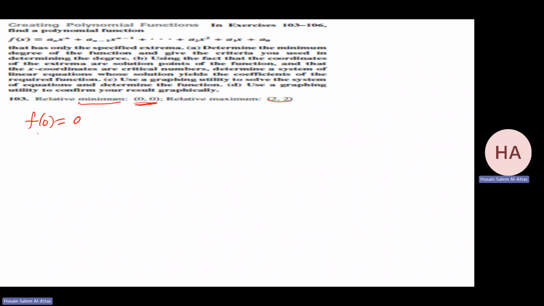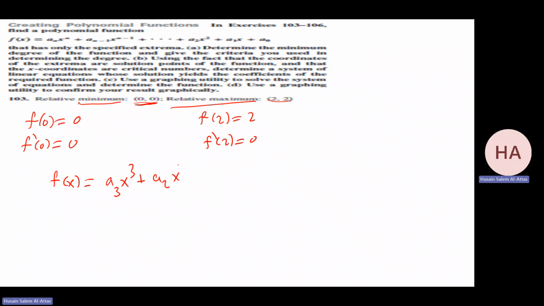Relative minimum means f prime at 0 equals 0. Also f of 2 equals 2. Relative maximum means f prime at 2 equals 0. So I have 4 equations, so I need 4 unknowns. My function is a3x cubed plus a2x squared plus a1x plus a0.